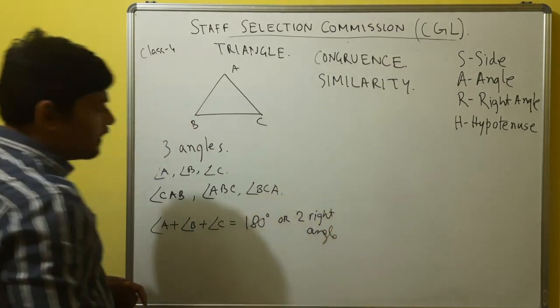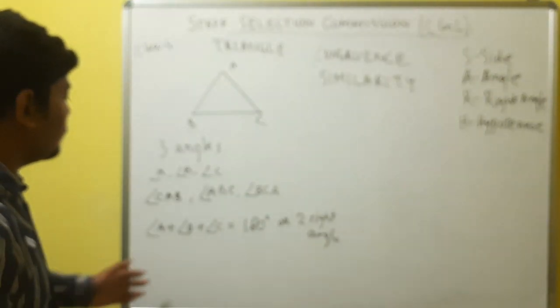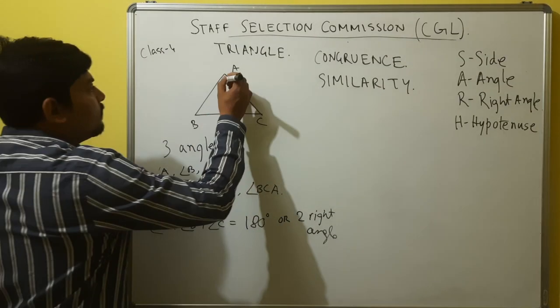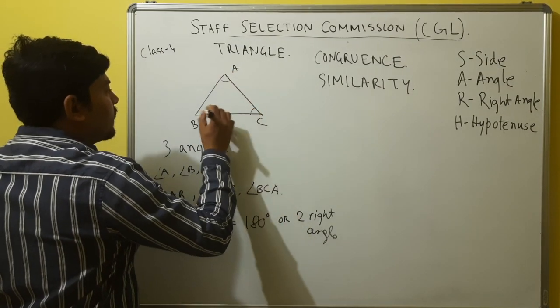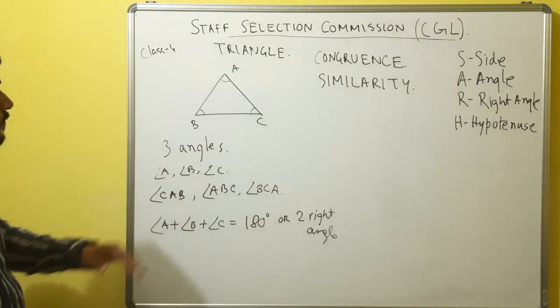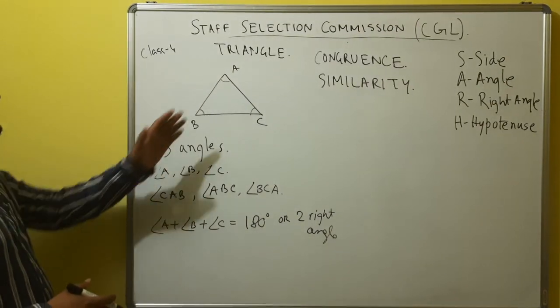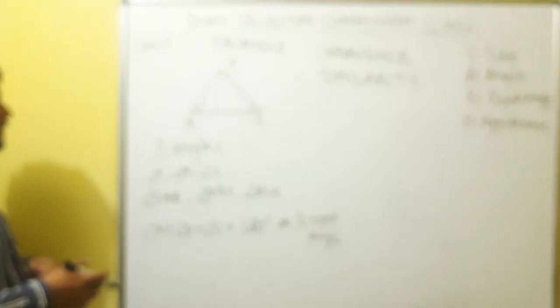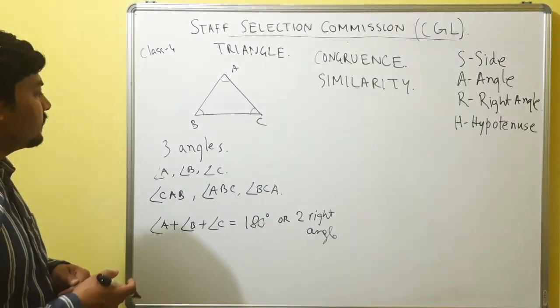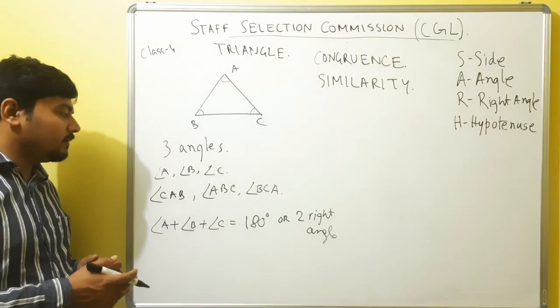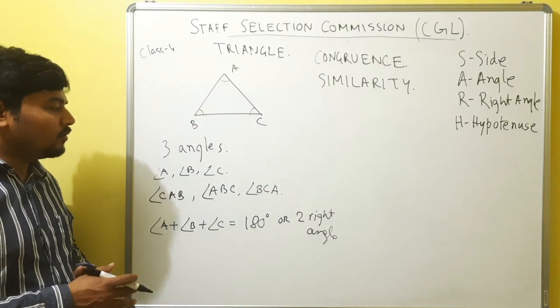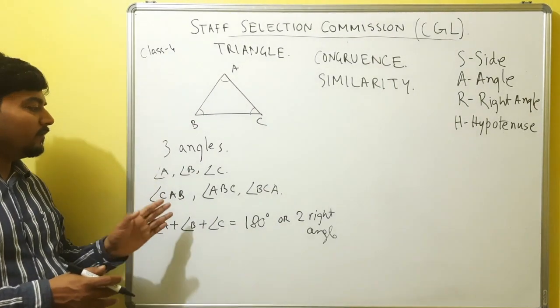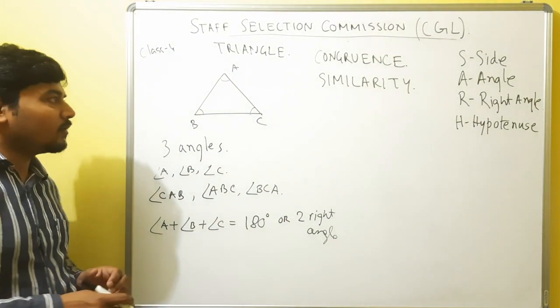We know what a right angle is. A right angle is 90 degrees, so two right angles is 180 degrees. It forms internal angles; it has three internal angles, and the sum of its internal angles is 180 degrees, or two right angles. This is a very important thing.